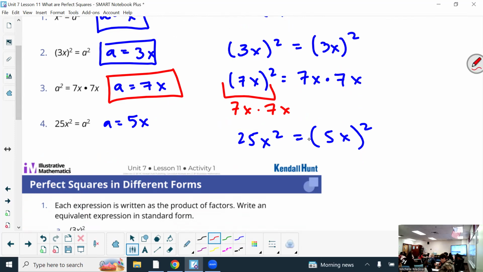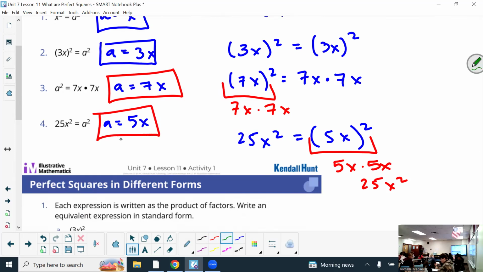Okay. Remember, exponents tell you to multiply the base by itself. So this would be 5x times 5x, which you can simplify further. What's 5 times 5? What's x times x? So this is correct. 5x is correct.